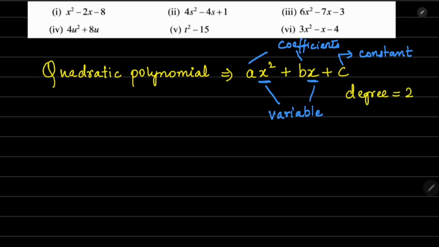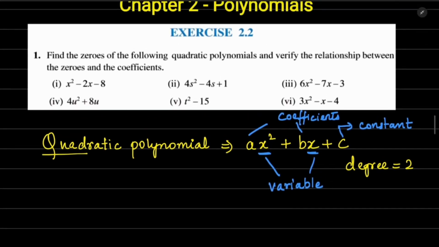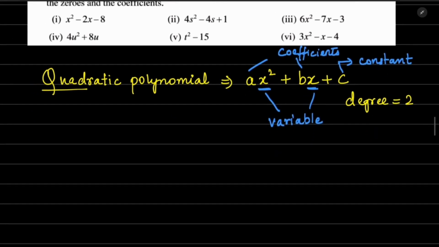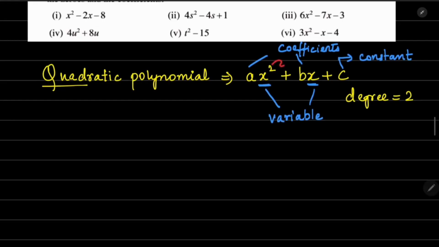And whenever the degree of a polynomial is 2, it is called a quadratic polynomial. If the degree is 1, it is called a linear polynomial. If the degree is 3, it is called a cubic polynomial. But in our class 10th polynomial syllabus, you only have quadratic polynomial. So we will only be dealing with quadratic polynomials, which are of degree 2.